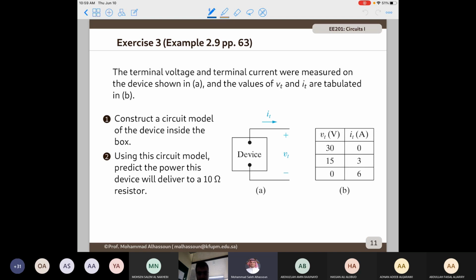We're given the terminal voltage and the terminal current, measured in the device shown in part A. The values of the terminal voltage and terminal current are tabulated in B. Here we want to construct a circuit model for the device inside the box. The device could contain resistors and independent sources, and let's see what kind of elements we need to construct.